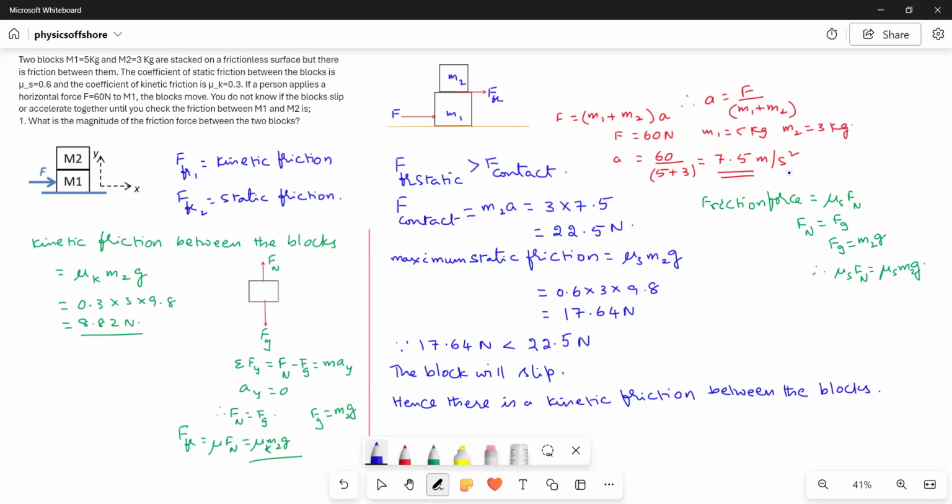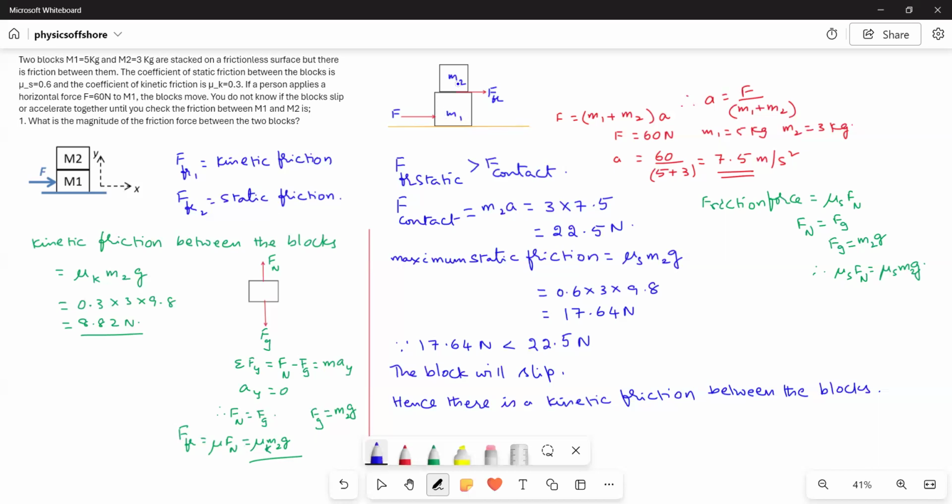According to the numerical problem, a person is applying 16 newtons force on the lower block, and both blocks are moving with an acceleration of 7.5 meters per second squared. Now let us find the contact force between the blocks. F contact is equal to M2 a. This is based on Newton's third law.